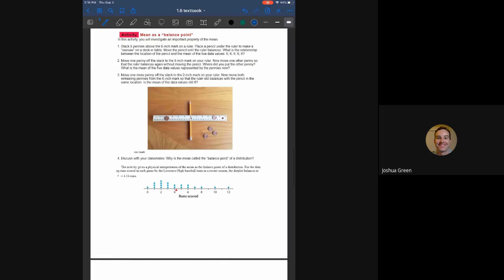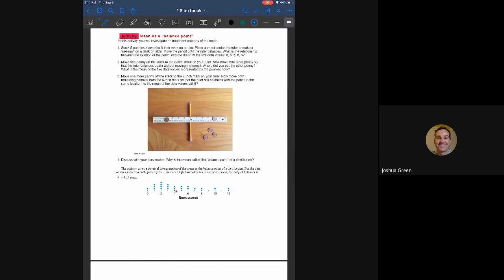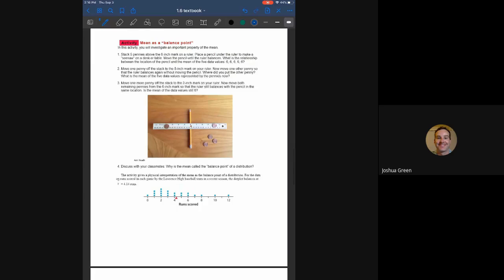So the next thing, it gives us an activity. This is another thing here for you to take it or leave it. It's not super important that you go through this activity in the chapter. I think this is more for teachers. If we want to pull this activity and give it to y'all, you could read through it.